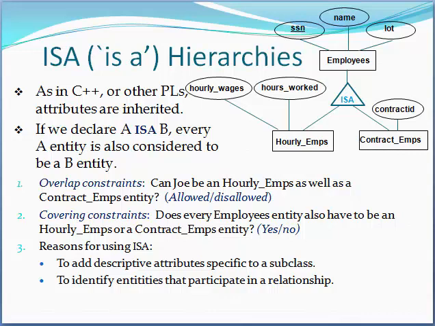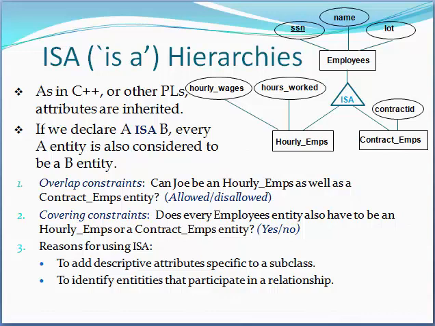Overlap constraints: can Joy be an hourly employee as well as a contract employee entity? Or covering constraints: does every employee entity also have to be an hourly employee or contract employee entity? Yes or no? So these are the attributes.